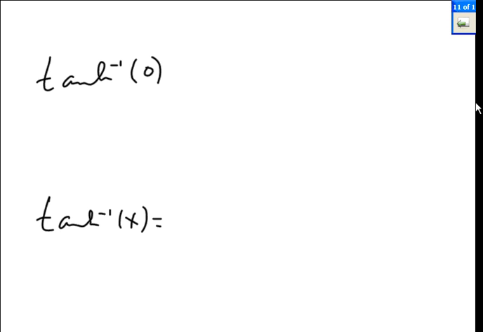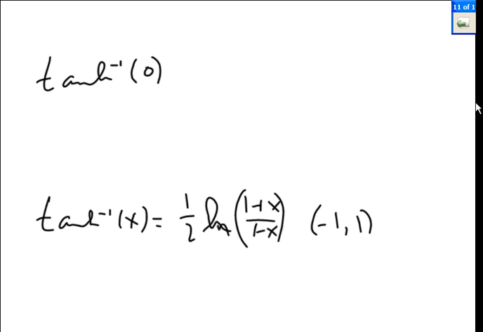Let me look up that formula. This is 1/2 ln of 1 plus x over 1 minus x. And I guess x has to be between minus 1 and 1. Yeah, that would make this positive.